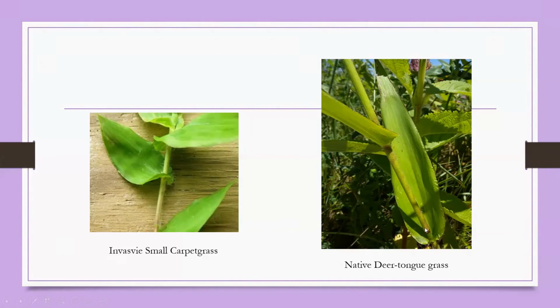It's a much more robust plant. It's taller, more robust versus a limp carpetgrass that has a tendency to be a little bit light color and just not as robust of a plant. You will not see a wavy, curvy margin as you'll see with the carpetgrass as well.